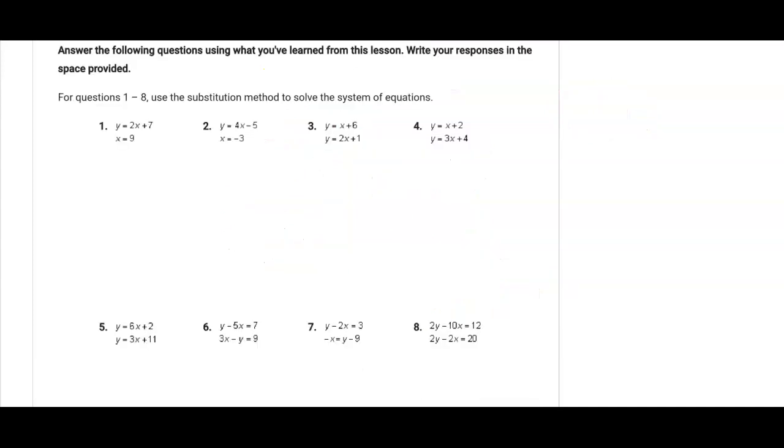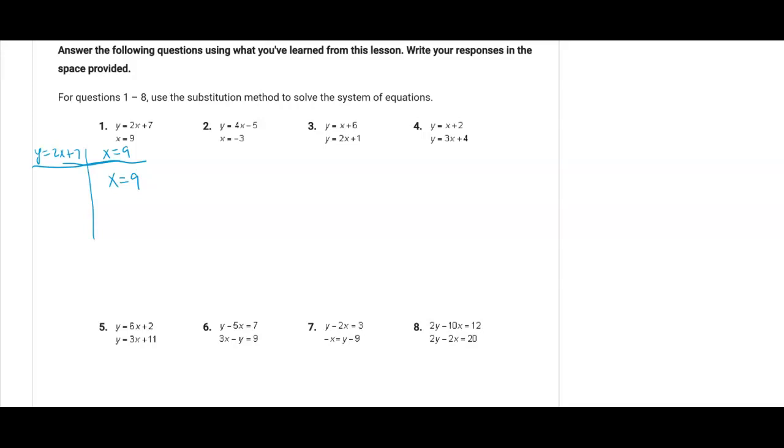So as we look at the examples they give you, right? This is the curriculum. The first one, if I go over here, I'm going to put y equals 2x plus 7 and x equals 9. The nice part about this type of problem, you already know the value of one variable, don't you? What's the only value of x that can make this equation true? 9.